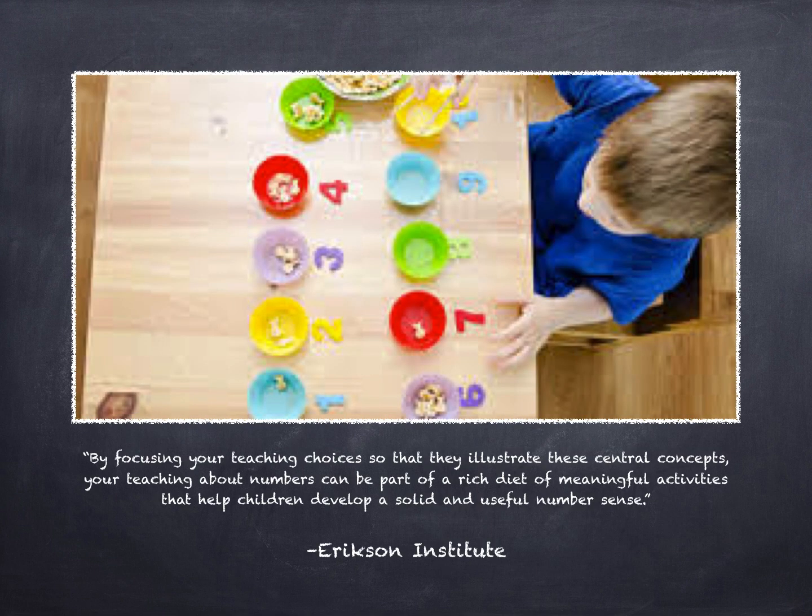Remember, focus on small numbers such as 3 and 4 first, ensuring that children have ample opportunity to develop a true, meaningful, and robust understanding of these important building blocks.